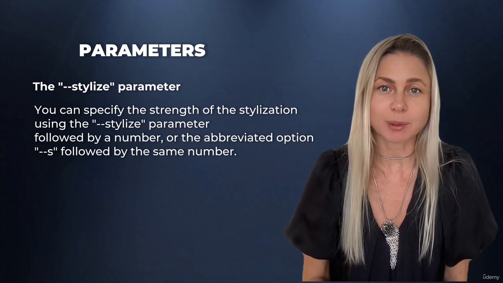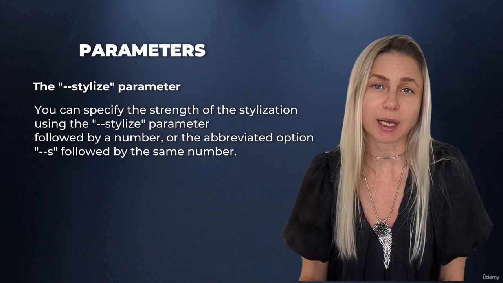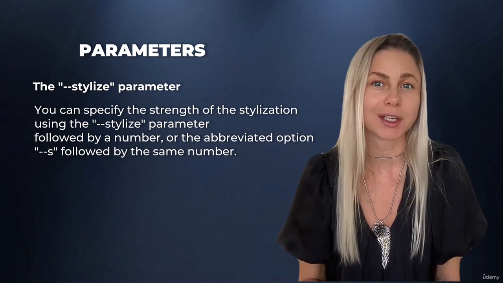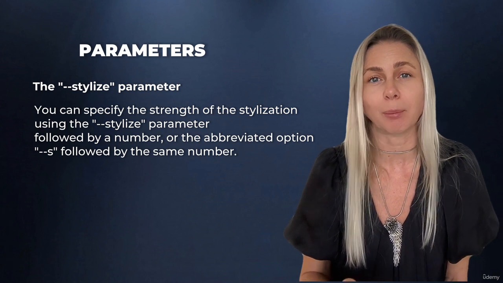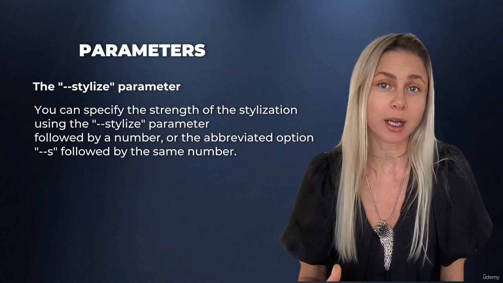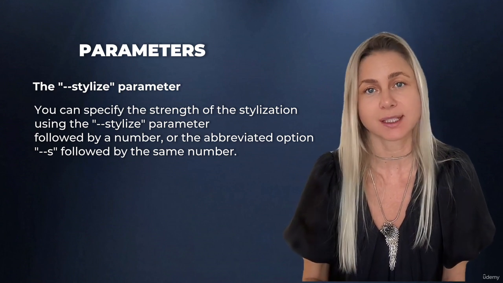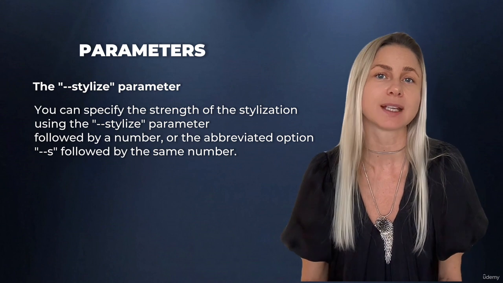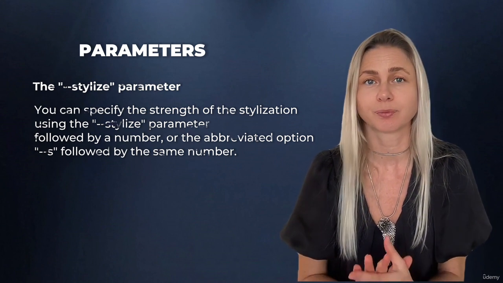The number specified with the stylize parameter influences how strongly the default Midjourney aesthetic style will be applied to the generated images. Higher values result in more stylized images, while lower values lead to less stylized outputs.